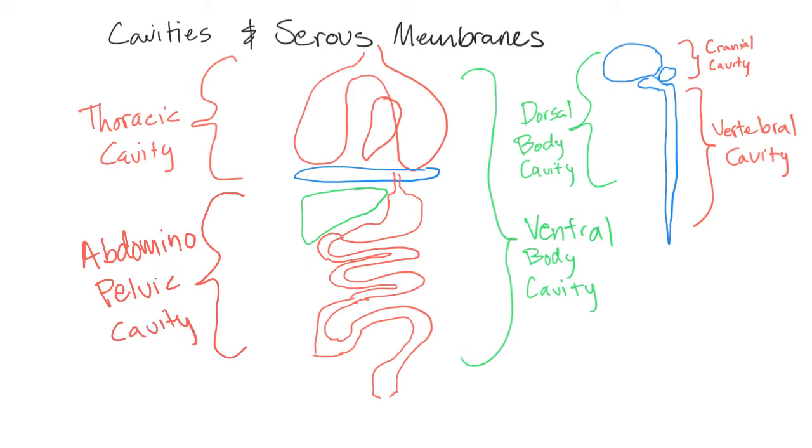All right, and what structure separates the two? All right, so we have our diaphragm, which is the muscle used in breathing. There are other muscles as well, but that's the one that does most of the work.